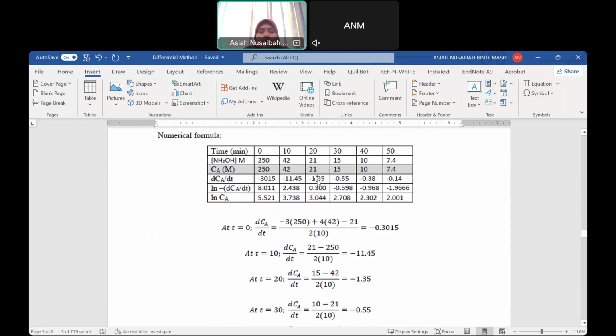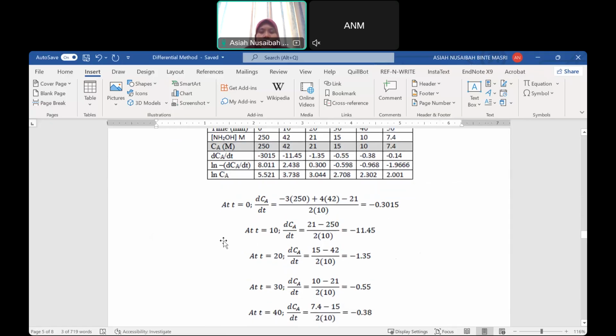Remember, for us to use this numerical method, the increment of the time should be uniform. In our case, we have fulfilled the requirement: 0, 10, 20, and so on. So we solve for the initial point, and we get the positive dCA over dt equals minus 0.3015. So here in our table, we already write minus 0.3015. Then we solve for the intermediate.